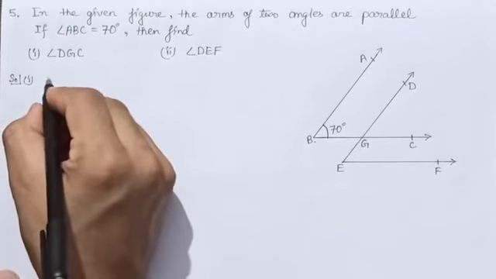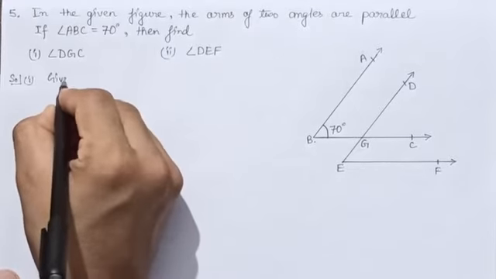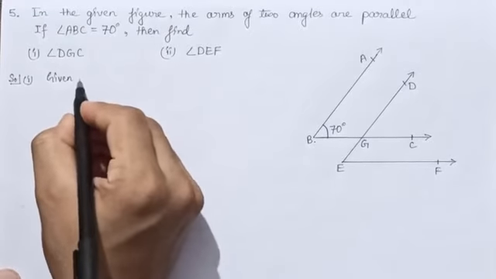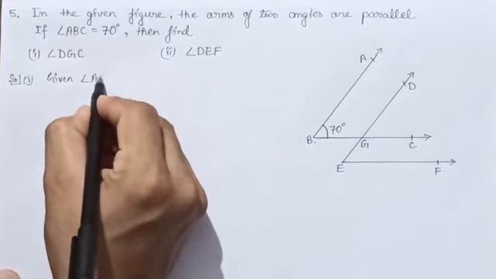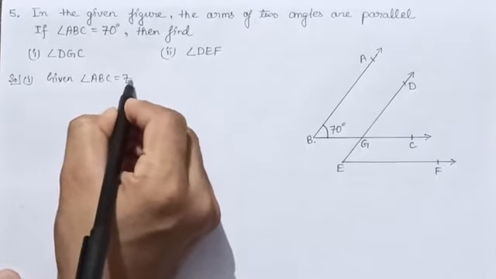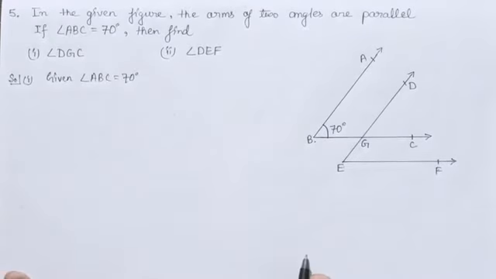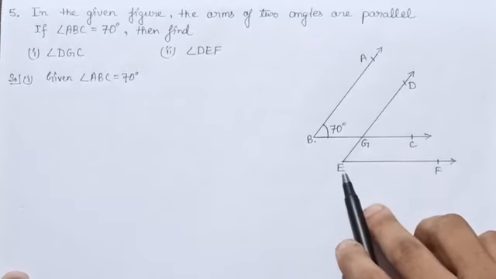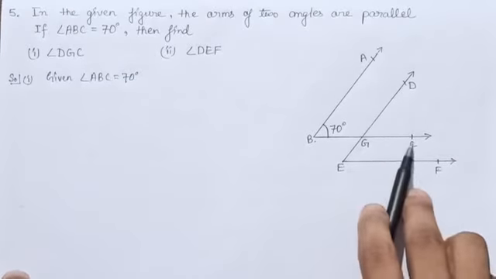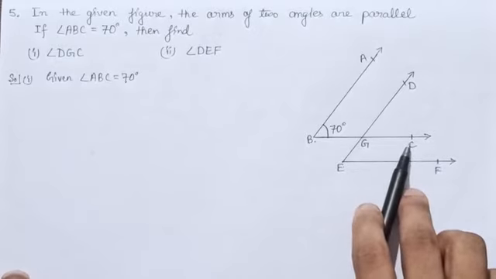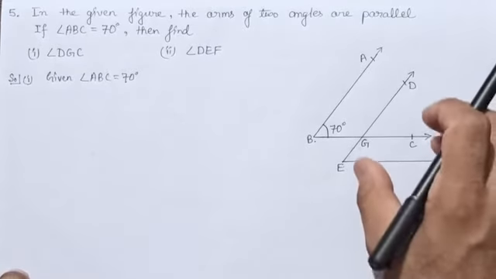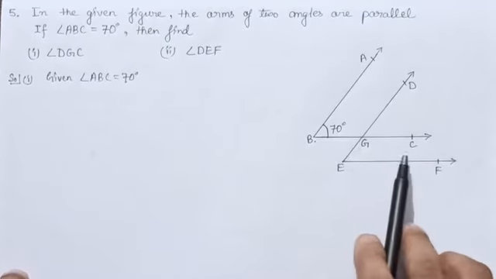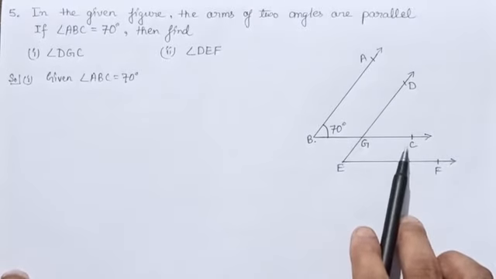So first it is given that angle ABC is equal to 70 degrees. Now you can see clearly AB is parallel to DE and BC is acting as a transversal. And you know if two parallel lines are intersected by a transversal, then pairs of corresponding angles are equal.